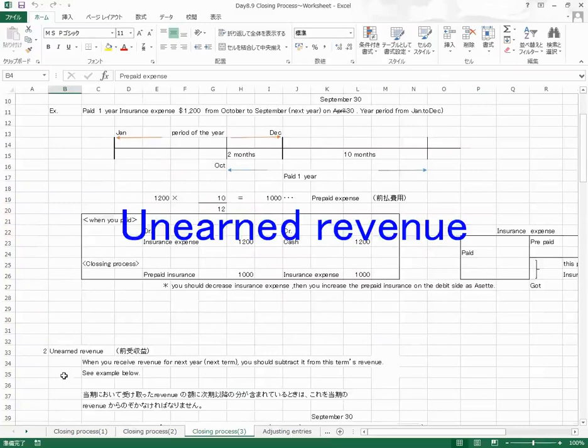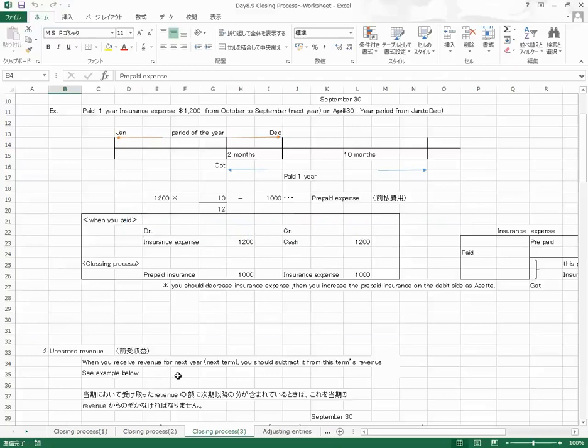Next, unearned revenue. Unearned revenue. When you receive revenue for next year, you should subtract it from this term's revenue.